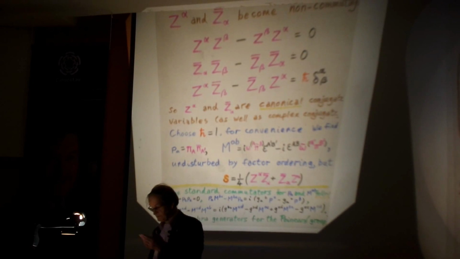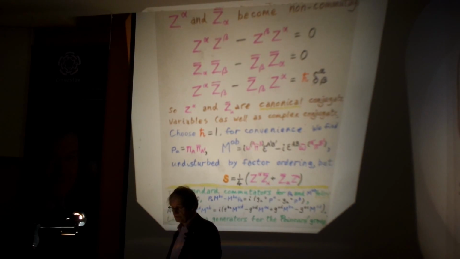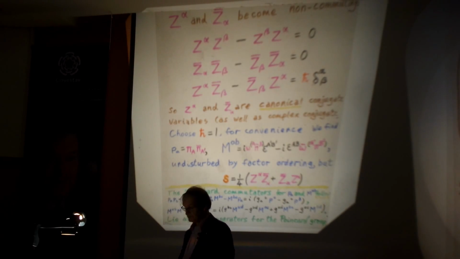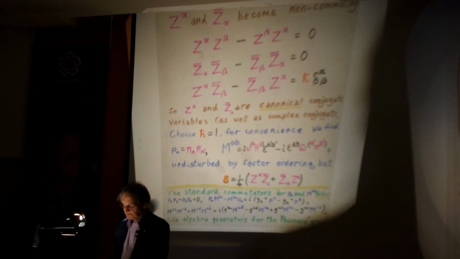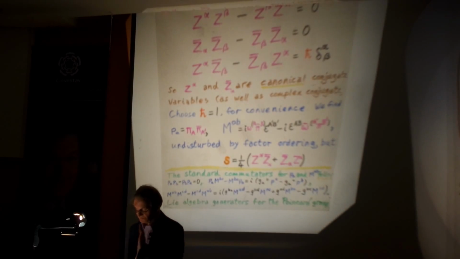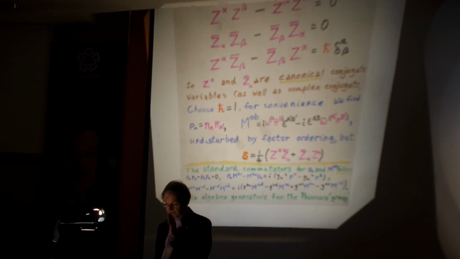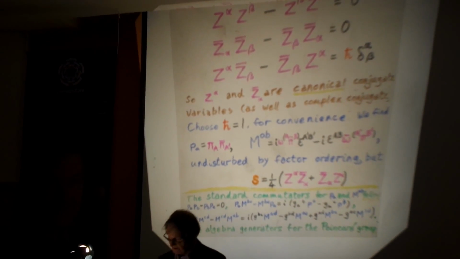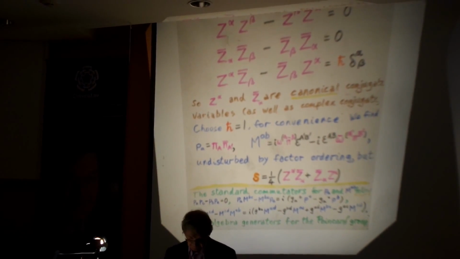Now, you have to choose what you're doing, and in the twistor description, the Z bars become derivatives with respect to Z. And so that drives you to thinking in terms of holomorphic functions as your wave functions. So that's part of that already.